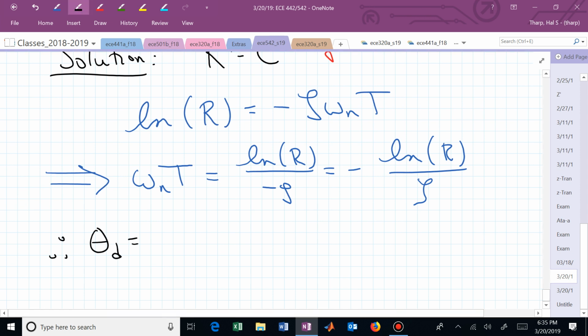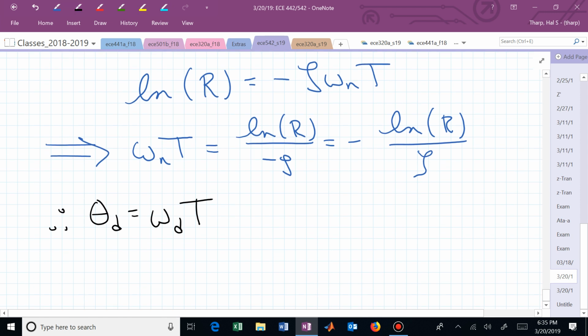Therefore, what was theta sub d? Theta sub d was omega sub d t, the damped frequency times the sample period. But we know what the damped frequency is in terms of natural frequency and zeta. That's omega sub n square root of 1 minus zeta squared.